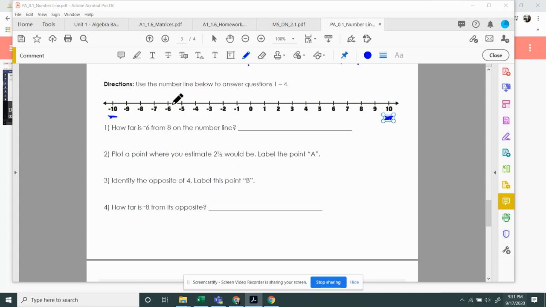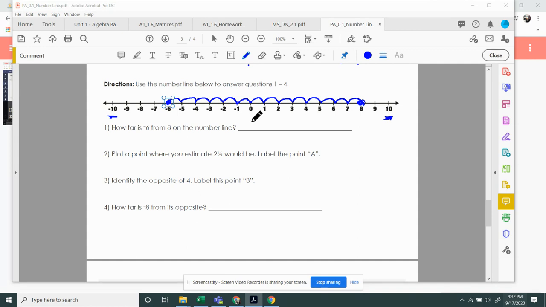So let's plot -6. There's -6, and here's 8. And we're going to count the units from -6 to 8. 1, 2, 3, 4, 5, 6, 7, 8, 9, 10, 11, 12, 13, 14.